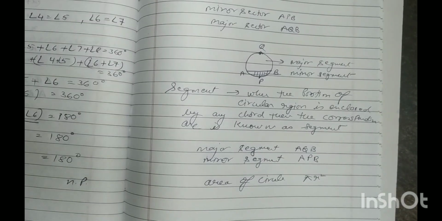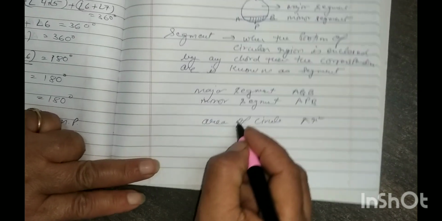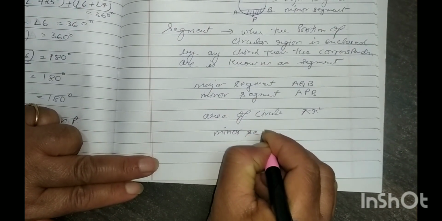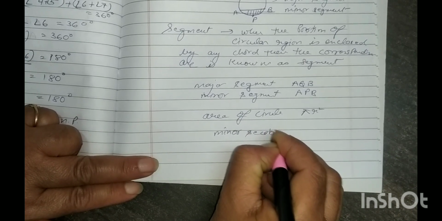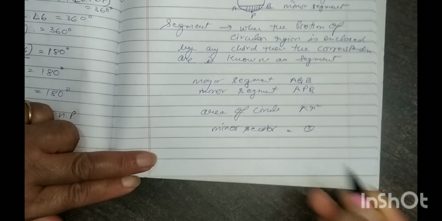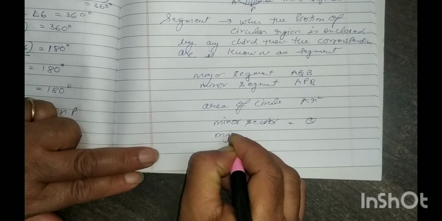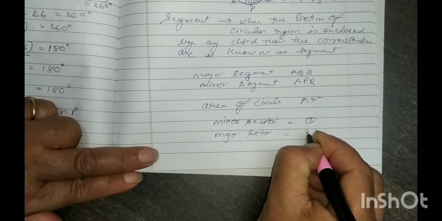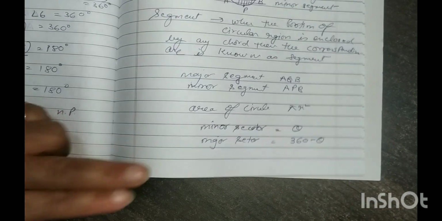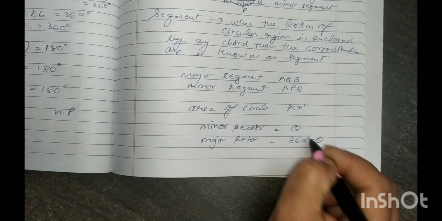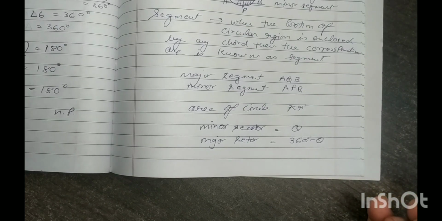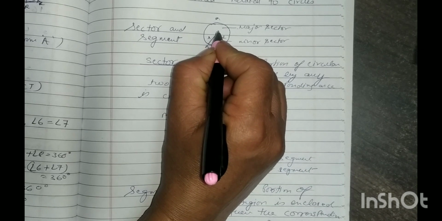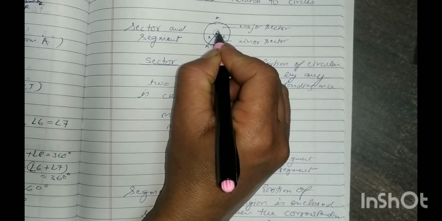We can write minor sector is theta and major sector is 360 degree minus theta, because at the center of a circle there is a 360 degree angle.